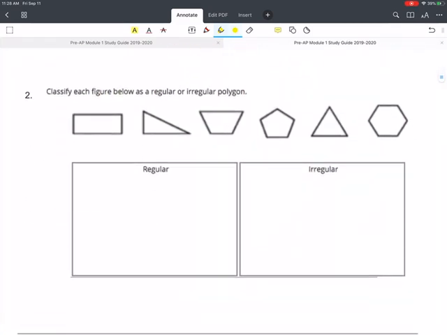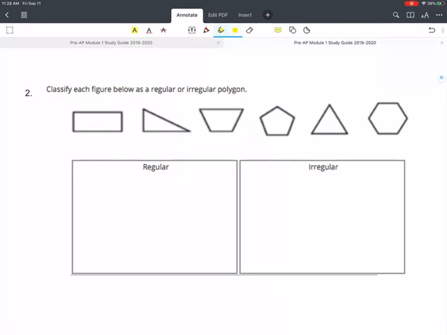Number 2 says classify each figure below as a regular or irregular polygon. Quick review.